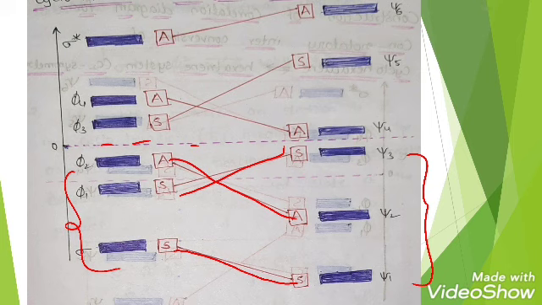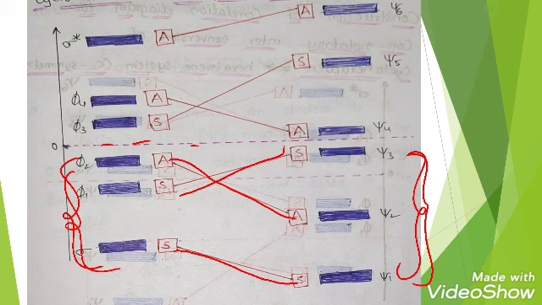That means the ground state orbitals of cyclohexadiene correlate with the ground state orbitals of the hexatriene system.